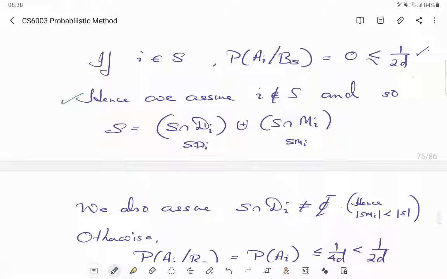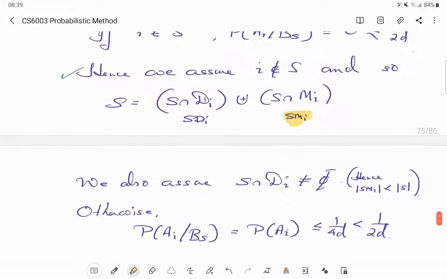Now we can also make one more assumption which is needed for the induction hypothesis to be on a smaller set. We are going to use the induction hypothesis on SMI. So we want the size of SMI to be at least 1 less than the size of S. We will use it later, but this is the reason why the next step is done. In order to get this set to be strictly smaller than S, we want SDI to be non-empty. So what happens if S intersection Di was indeed empty?